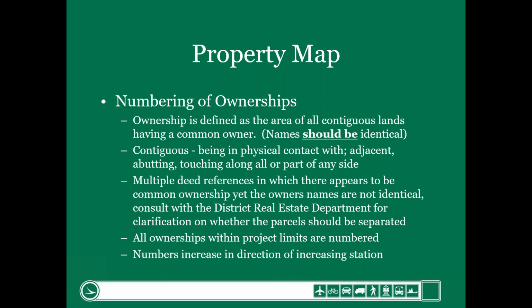So if the names are not identical, they will be identified as two different property owners and assigned a different number. What does contiguous mean? To be clear, contiguous means in physical contact with, adjacent, abutting, touching, along all or part of any side of the property. That's what we define as contiguous.